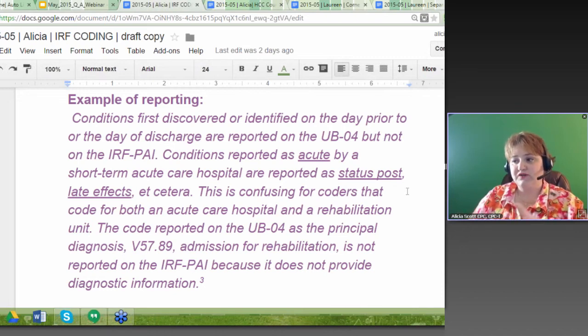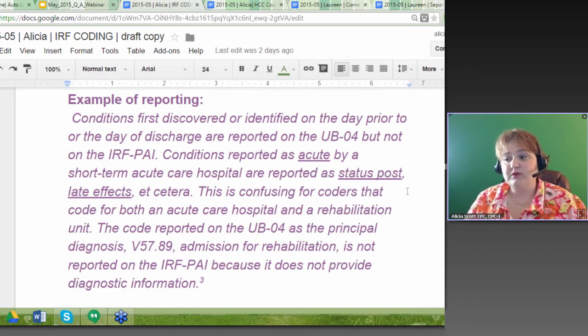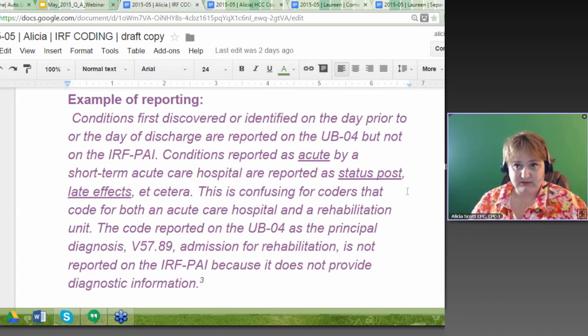This is confusing for coders that code for both an acute care hospital and a rehabilitation facility or unit. The code reported on the UB04 as the principal diagnosis, say V57.89, admission for rehabilitation, is not reported on the IRF-PAI because it does not provide diagnostic information, does it?